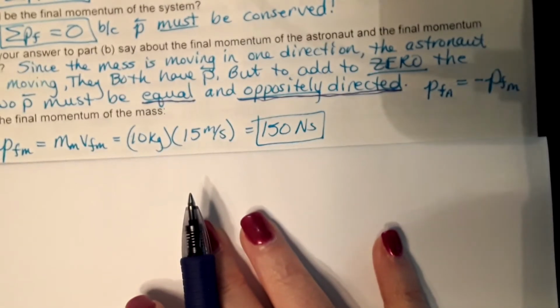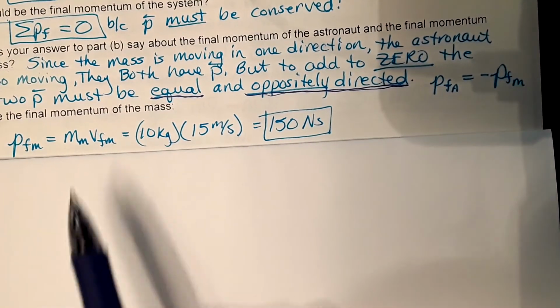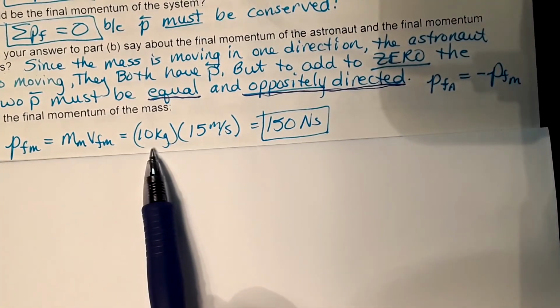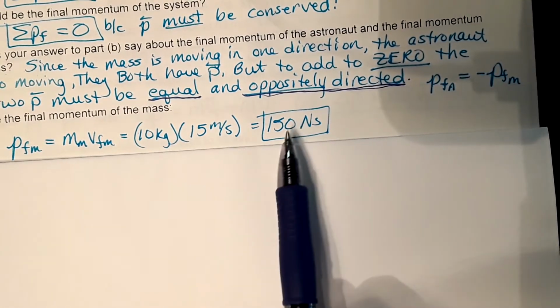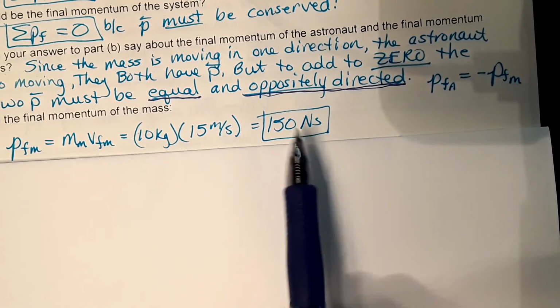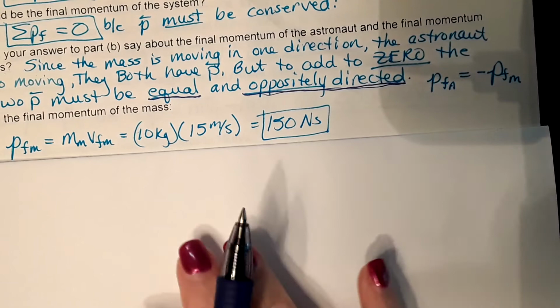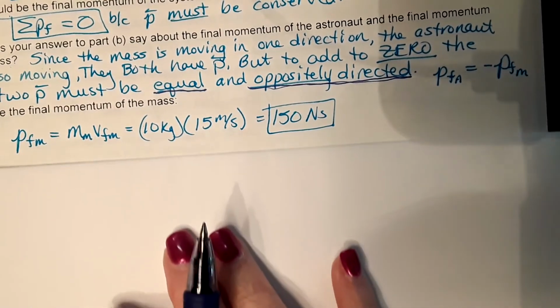If we look, we can determine the final momentum of the mass. We know the mass is 10 kilograms and it's moving at 15 meters per second. So the mass itself in the positive direction has a momentum of magnitude 150 newton seconds. So what would be the magnitude of the man's final momentum?